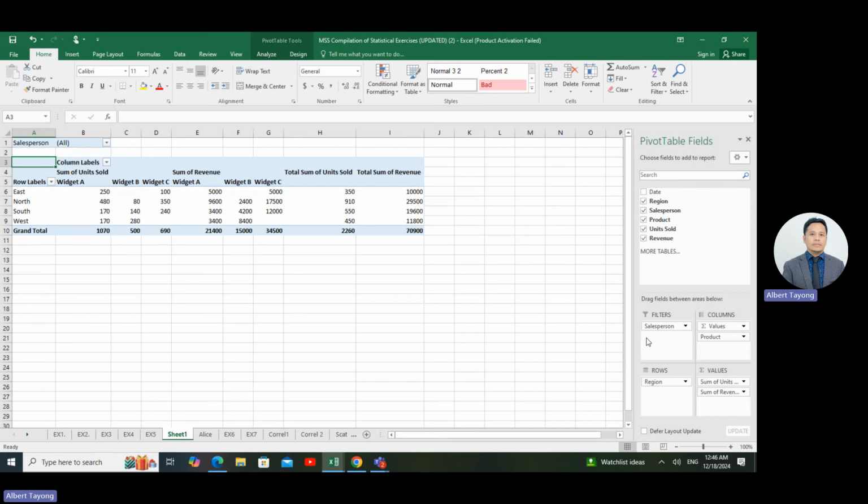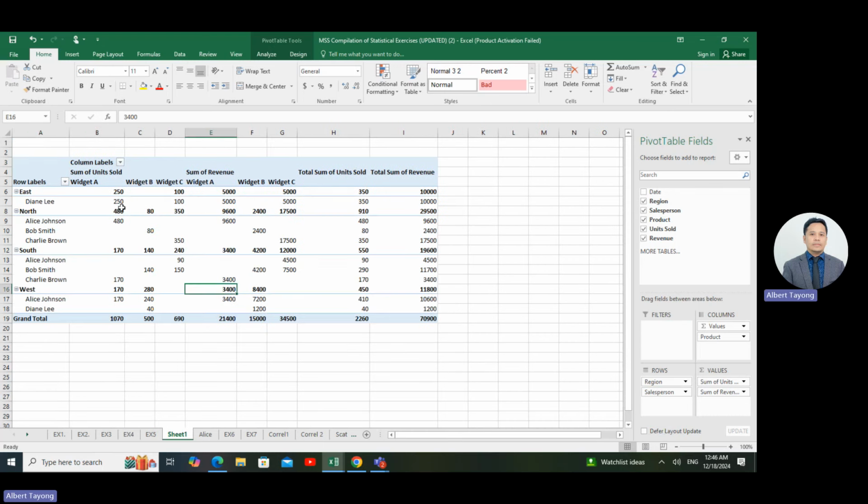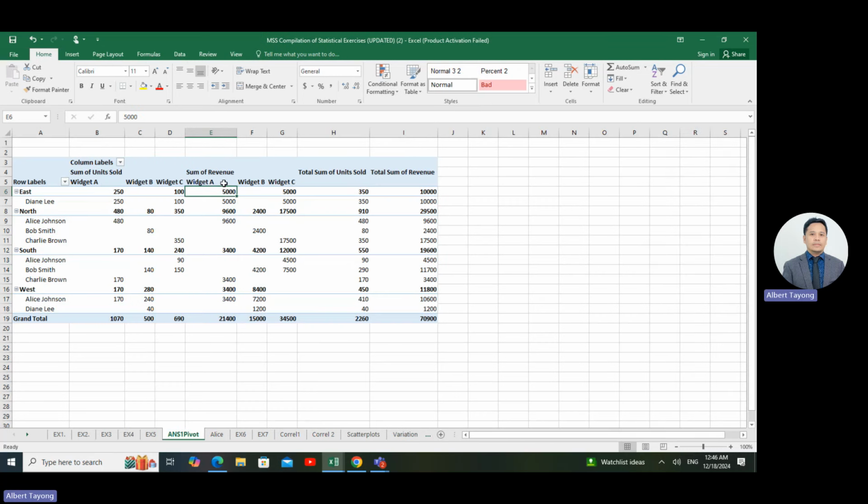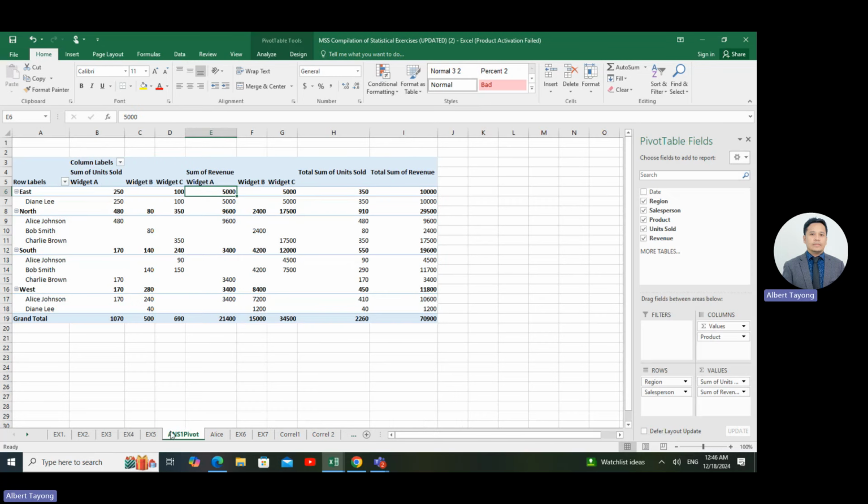But we have to move it back because this is the answer to the first question. So this is answer 1 of the pivot table, right? So this is for question 1.